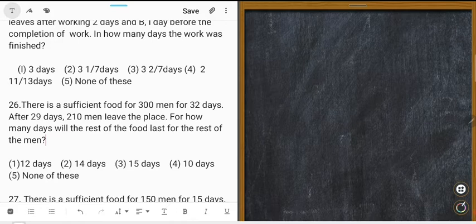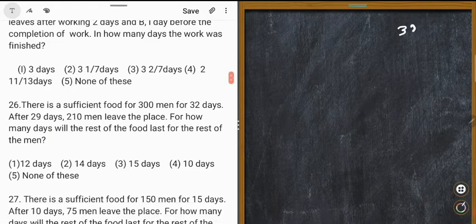There was some food, and that food was for 300 men. Could you understand? And for 32 days. They consumed it for how many days? 29 days. The food was for 32 days. They consumed it for 29 days.